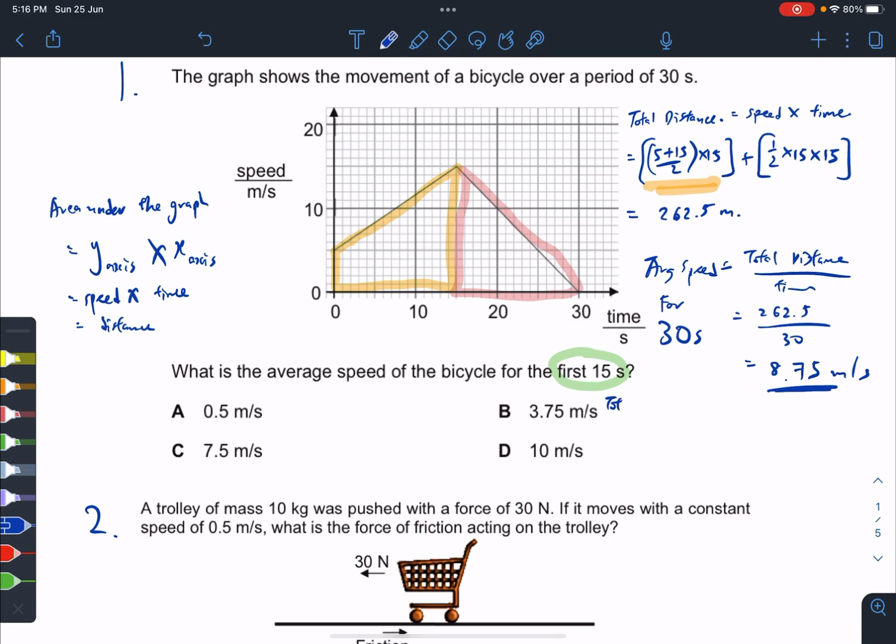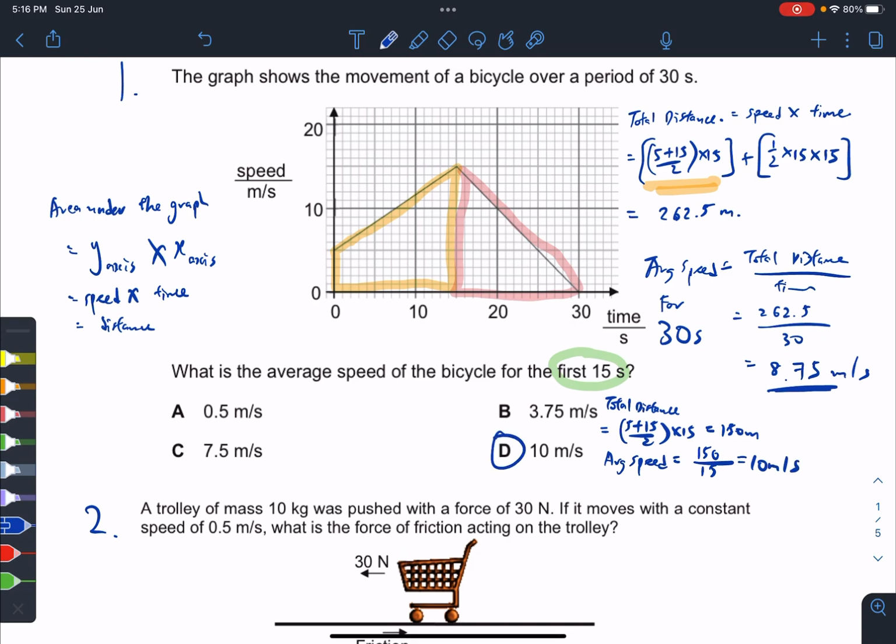So the total distance is (5 plus 15) divided by 2 times 15, which is 150 meters. Therefore, the average speed is the total distance divided by time, 10 meters per second, D.